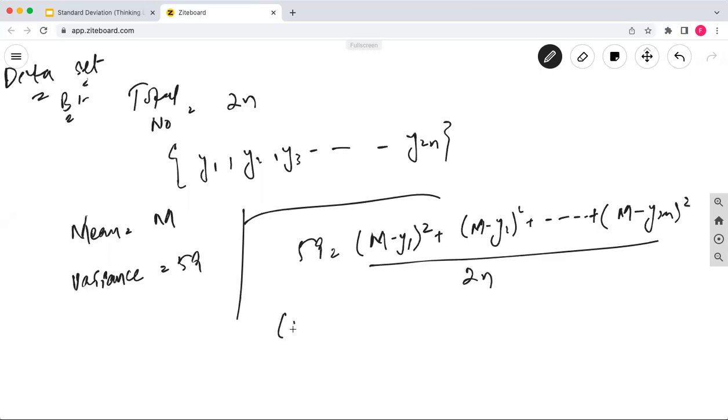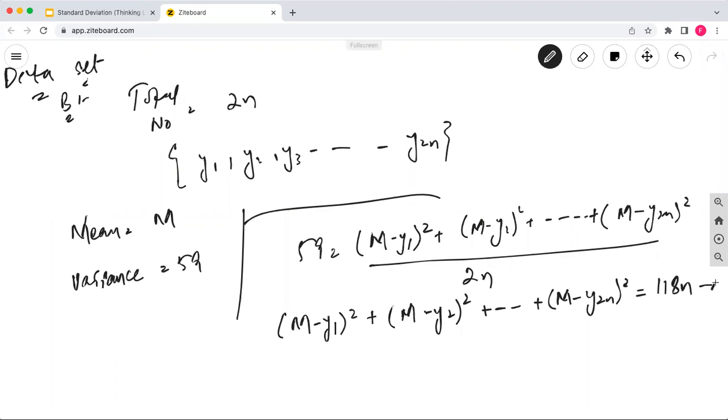So this will become (m minus y1) squared plus (m minus y2) squared up to (m minus y2n) squared is equal to 59 times 2, that is 118n. And right now we have these two equations.